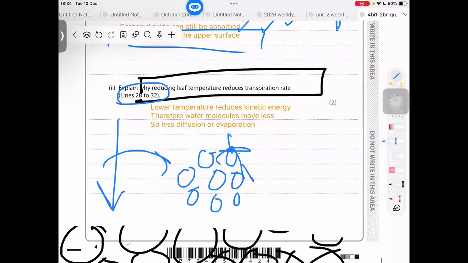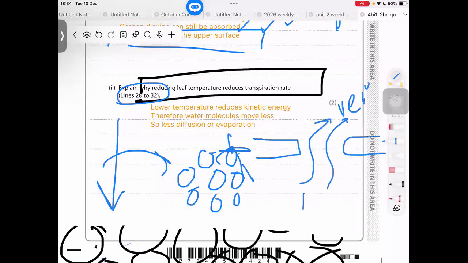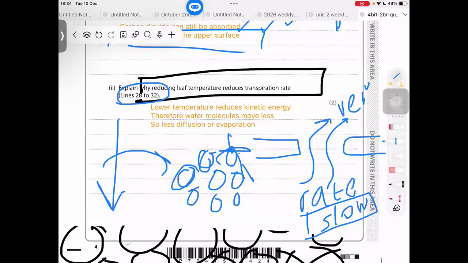As a result, they move out through the stomata very slowly, right? Therefore, what happens to the rate of transpiration, or the rate of any process which is taking place? The rate will be slow, right? It will be a very slow rate. What is the reason? Because the molecules don't have enough kinetic energy. Due to that reason, they can't move very fast out through the stomata. In that case, it will reduce the transpiration rate as well.